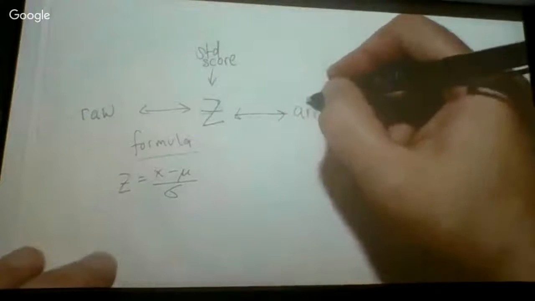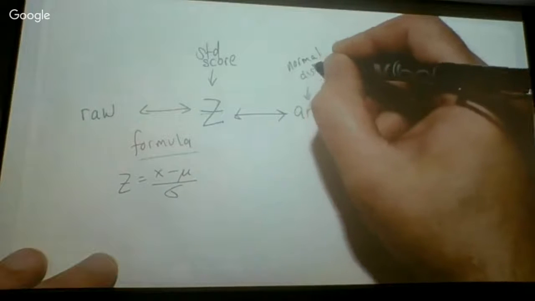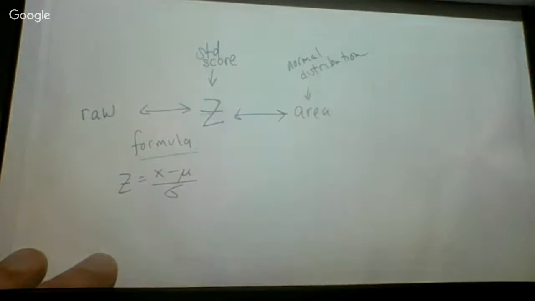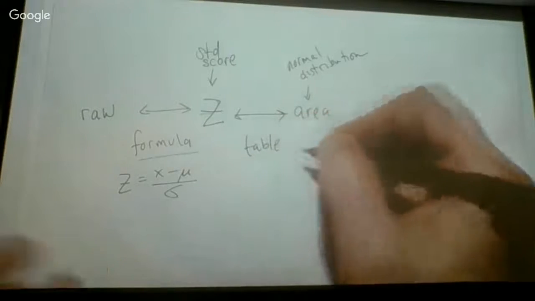So given that we have an area for a normal distribution, we can go from a z-score to an area using this table.